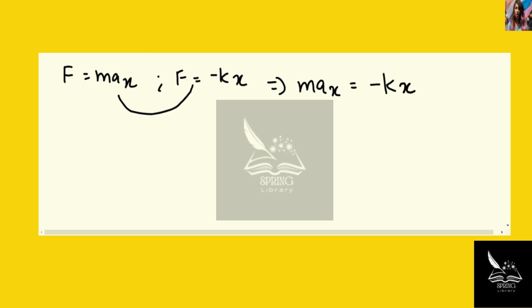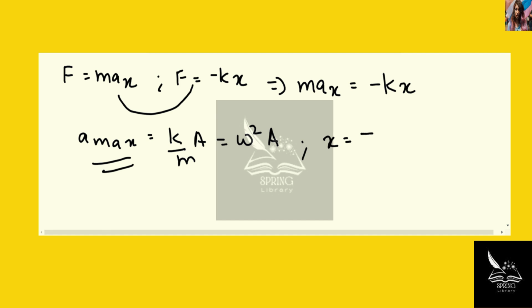From this equation, we can also find a max, that is k by m into a, that is omega square a. This is the acceleration when x is equal to plus or minus a.